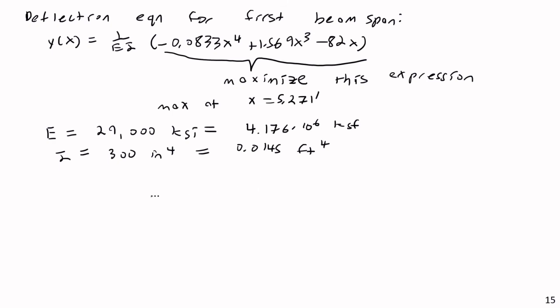So, if you say, okay, we want to know the y at 5.271 feet, that will be 1 over 29,000.